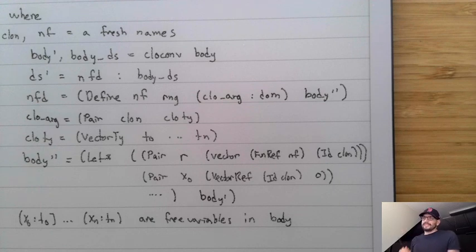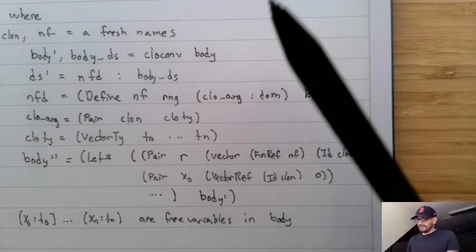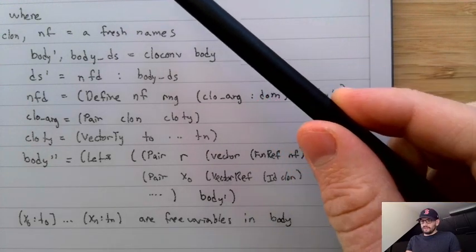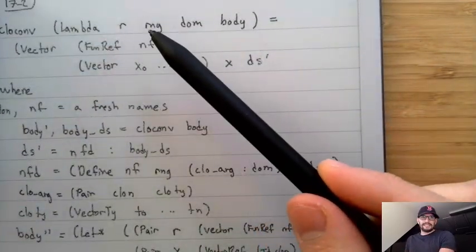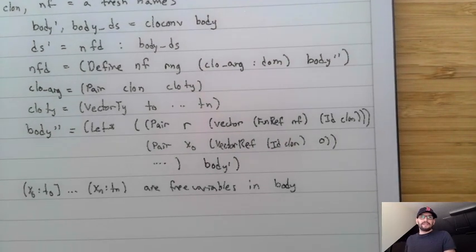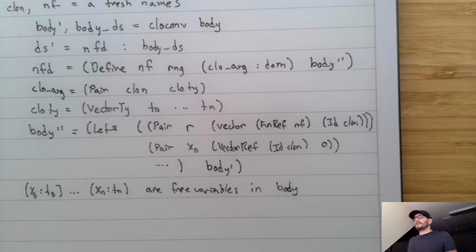What I would recommend is making your type checker, when it is processing a lambda, figure out what the free variables are and install them into that lambda. So this list, x0 through t0, will be a field of the lambda, saying here's what my free variables are. It's very convenient to work that way. All right, and that's actually all you need to do.